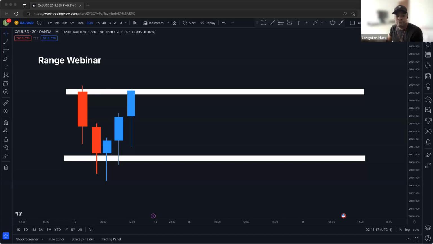Because let's say we have price in a downtrend, or in an uptrend, right? So let's say we have price in an uptrend, and it would look something like this.